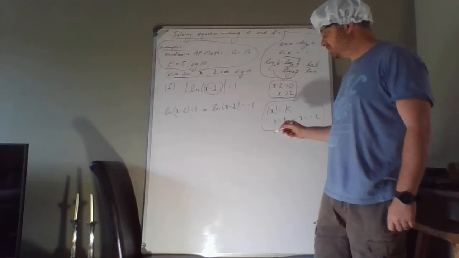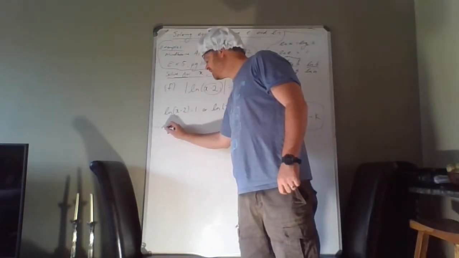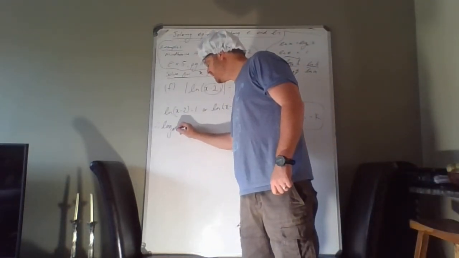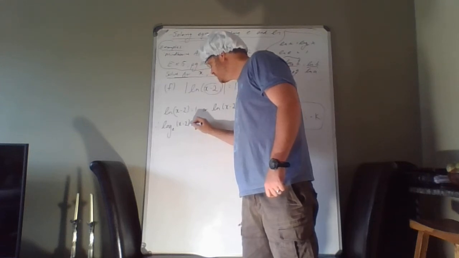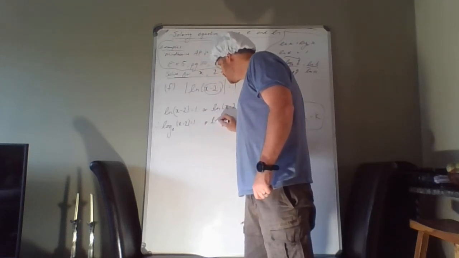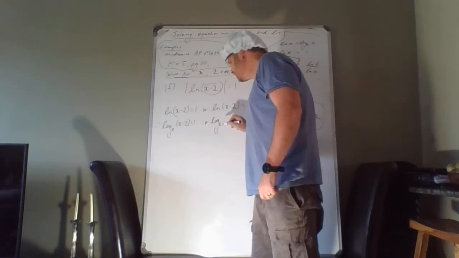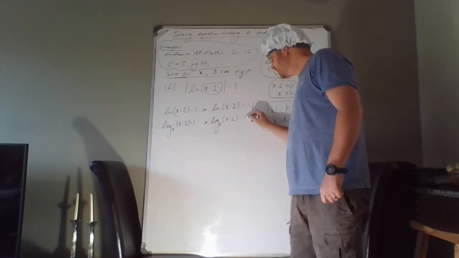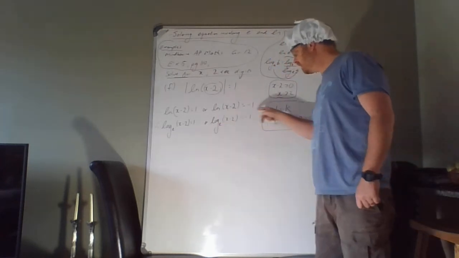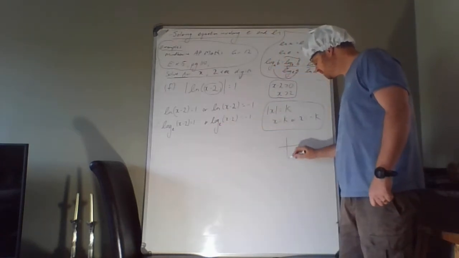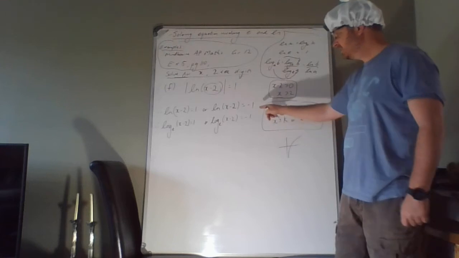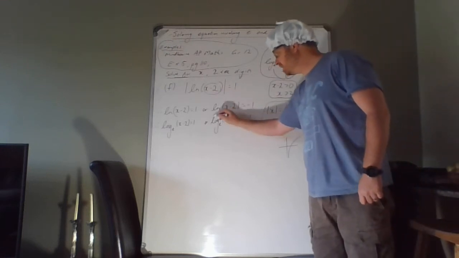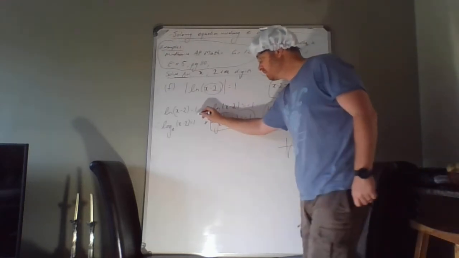If you are more comfortable at this stage, you can write that as log e of x minus 2 is equal to 1, but I wouldn't until you're more comfortable with it. Again, a log graph has that shape, so a positive or a negative can come out of it. So these are both valid. Negative 1 and 1 are valid.